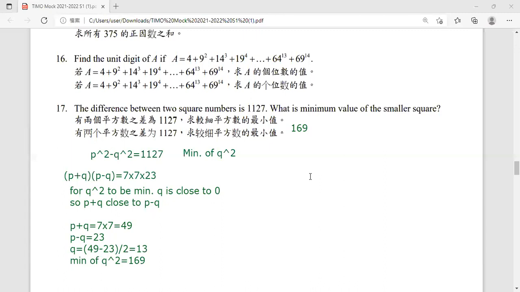If I want to find the maximum value of Q squared, you mean the maximum of Q squared?